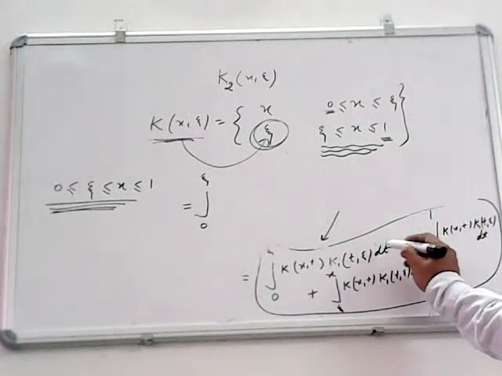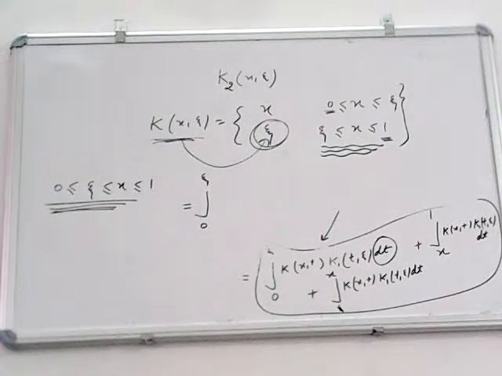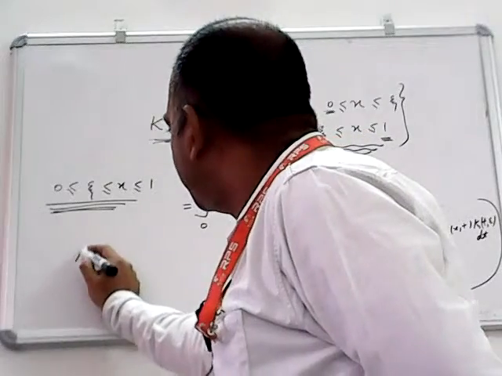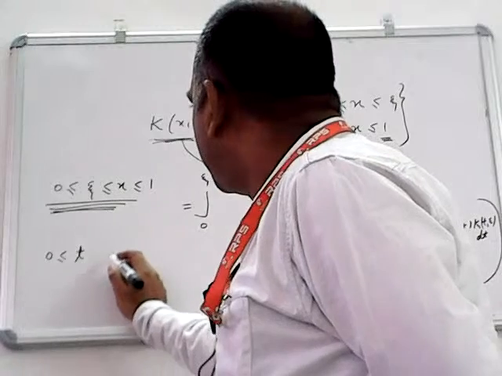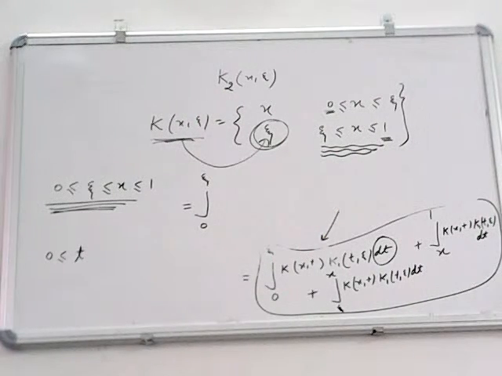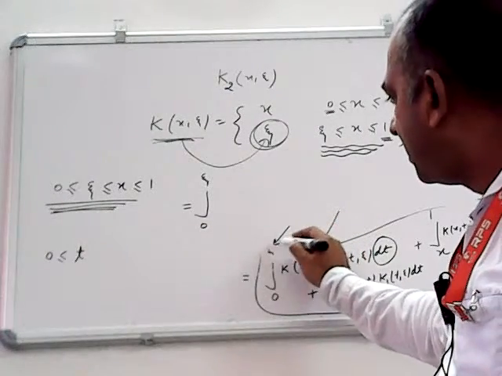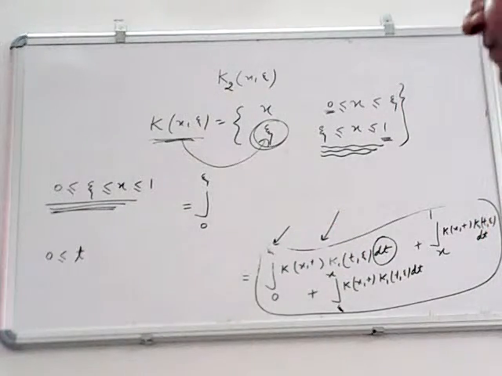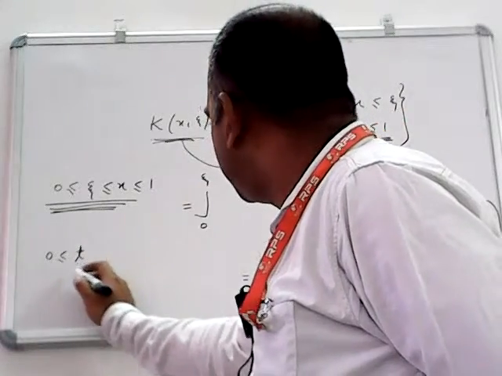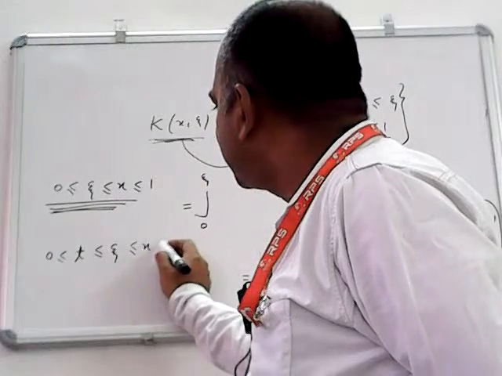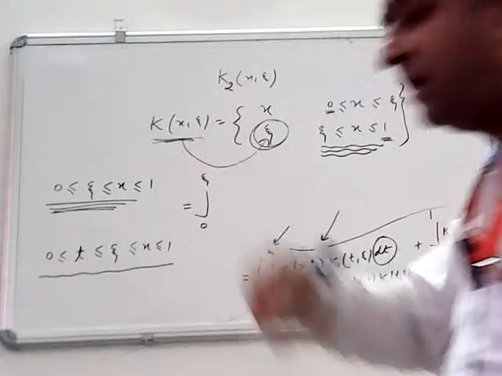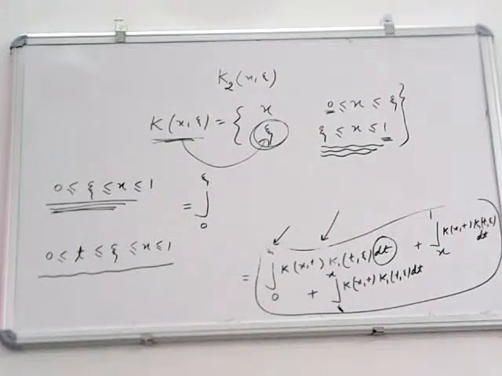As the limit of integration is with respect to t, t is ranging from 0 to xi, and xi is less than or equal to x less than or equal to 1. So in the first integration, we are discussing this particular case.